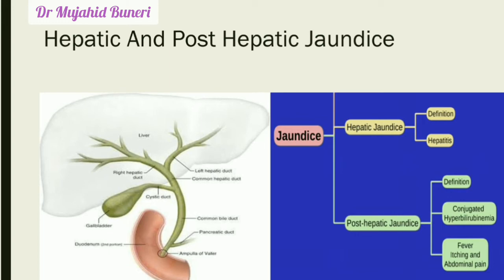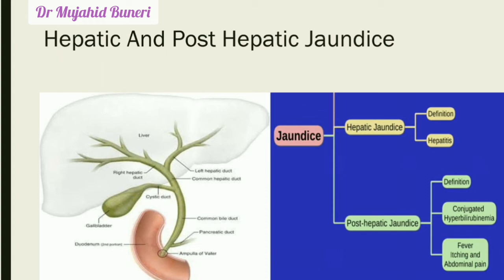Now, in patients where we have conjugated hyperbilirubinemia, what are the special things which we see? Of course, jaundice will be seen in all the three varieties, but what features will really indicate on clinical examination or history that it could be a case of post-hepatic jaundice, also known as obstructive jaundice or surgical jaundice.